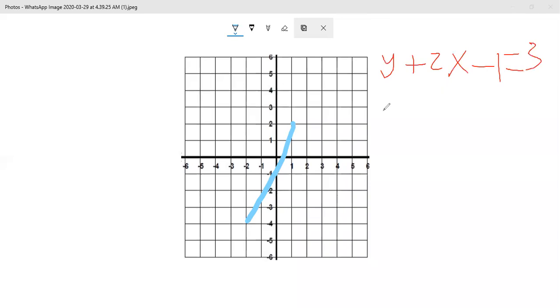We will make 2y equals positive x negative 6. What is this? No, you are solving another question. Your friend is solving question number 2h. 2h said okay, y plus 2x minus 1 equals 3.